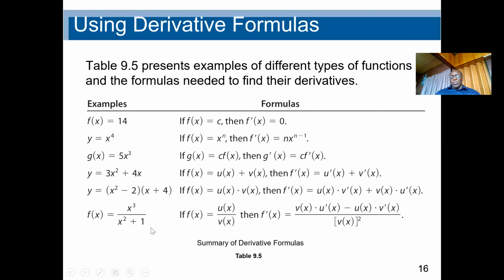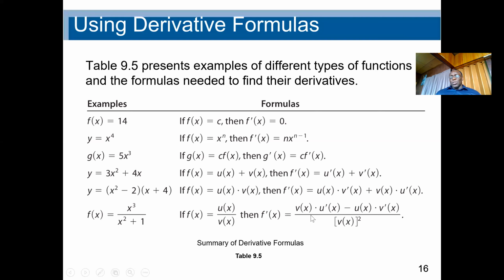Then the quotient, we said s cubed, we find the derivative at the top, multiply by the bottom. So s cubed will be 3s squared times s squared plus 1 minus the derivative of the bottom. s squared plus 1 will give me 2x multiplied by s cubed, all divided by s squared plus 1 all squared.